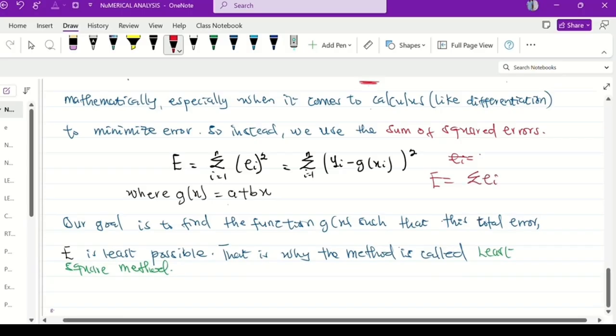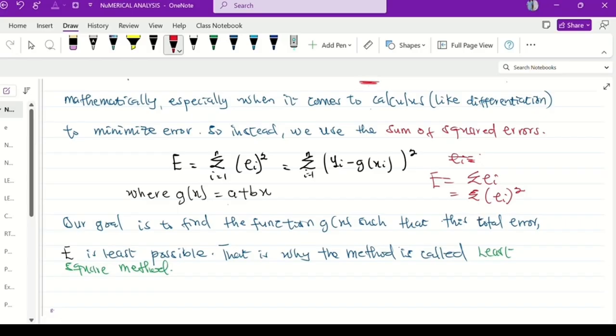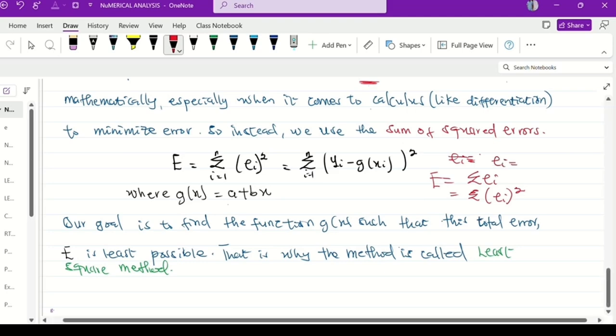So if you consider the sum of squared errors, then you're going to sum the square of the what? The errors. So you're summing the squares of the errors. That's why we call it the sum of squared errors. Do you get it? We said that our Ei is equal to yi minus g of xi. So when you do substitution, you're going to get this one.